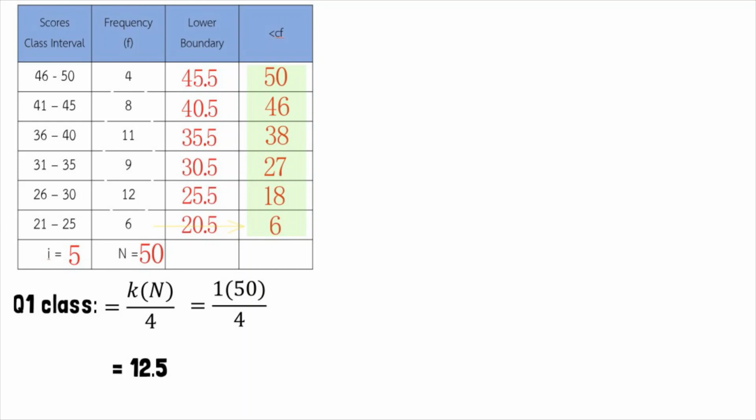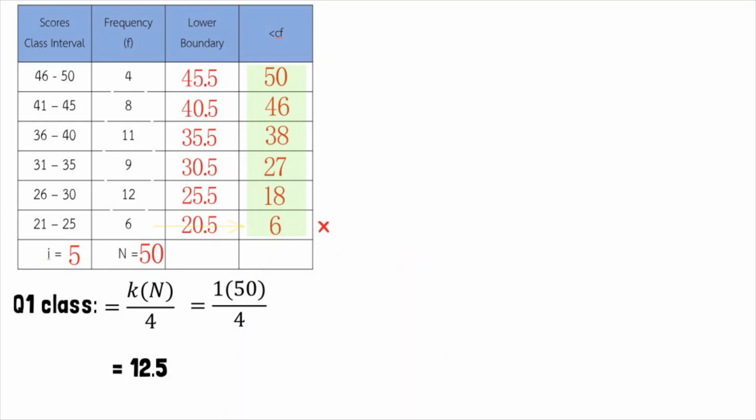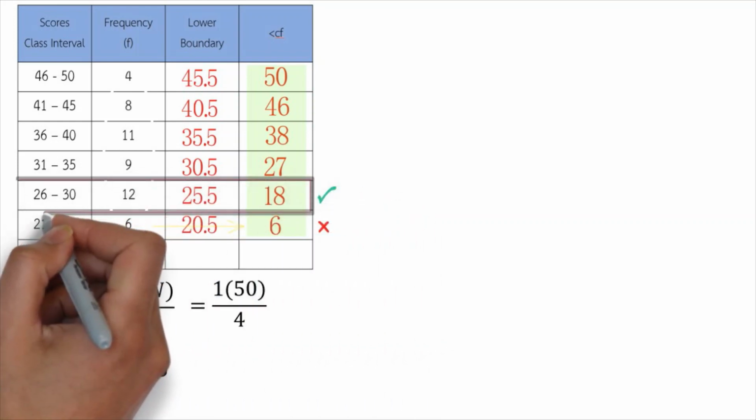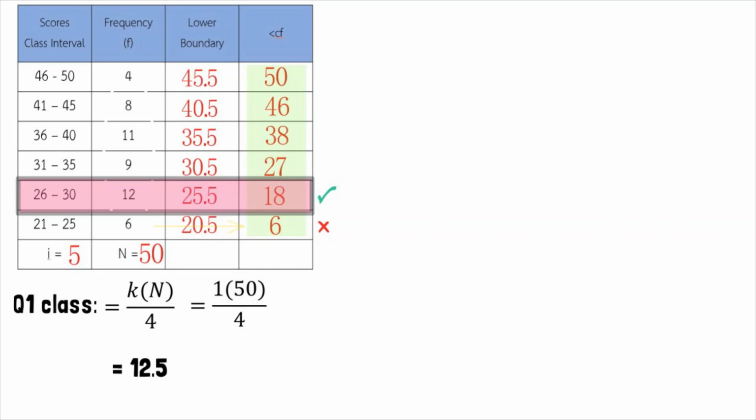So that means hindi ito yung hinahanap nating less than cumulative frequency. Now looking naman sa ating second class, we can see that 18 is now greater than or equal to 12.5. So that means ang ating Q sub 1 class ay nasa ating second class. So i-highlight natin ang ating second class because this will be the focus of our solution.